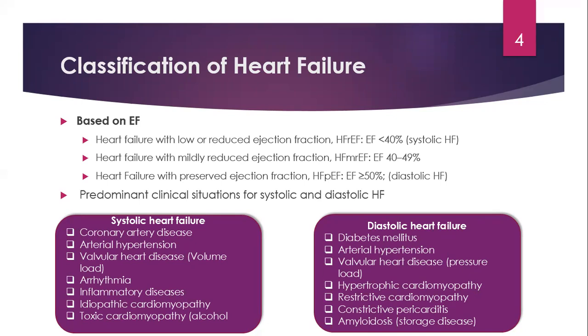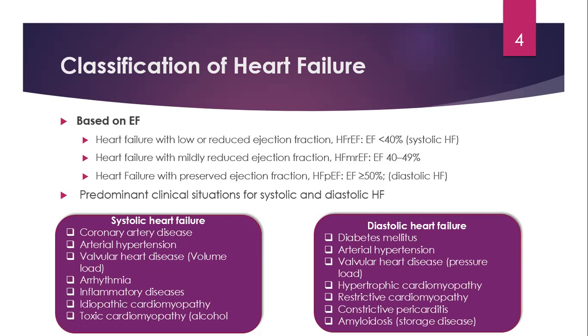previously it was described as heart failure with mid-range ejection fraction. But further studies and understanding of the mechanisms of failure in these patients have revealed that those in the range of 40 to 49 are actually in a continuum leading towards a lower ejection fraction.